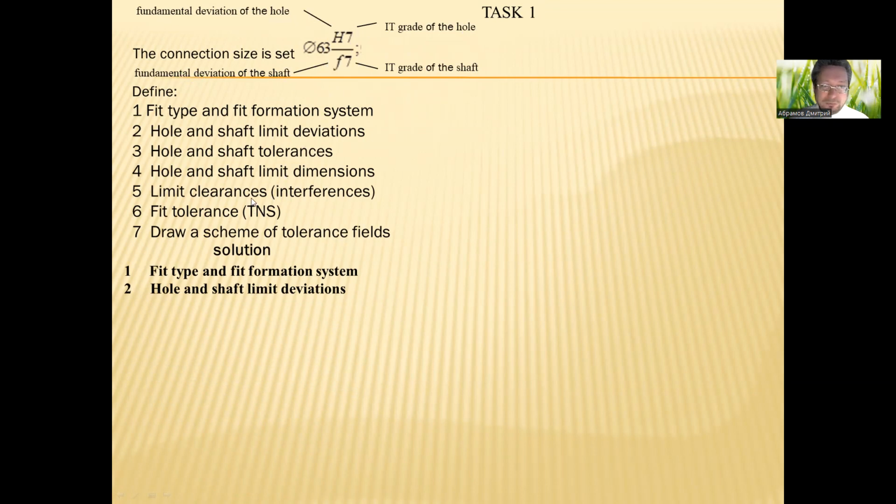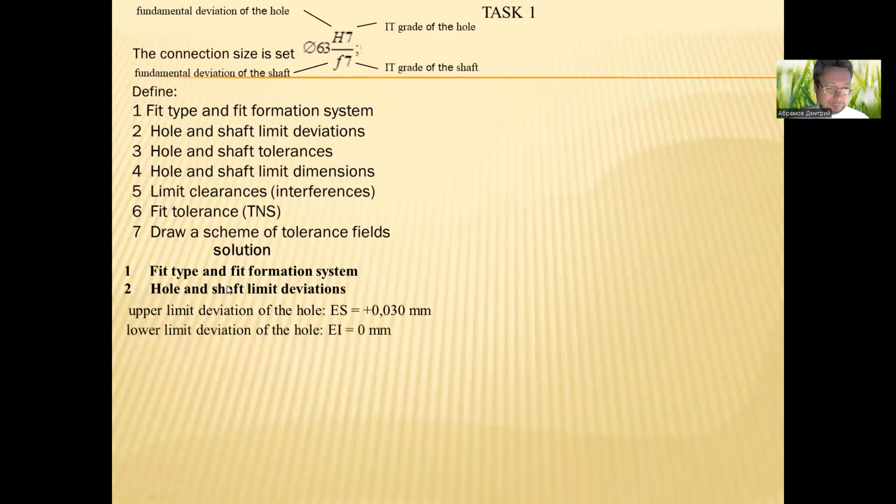And for limit deviations we use: upper limit deviation of the hole, big ES, is equal to plus 0.03 millimeters. Lower limit deviation of the hole, big EI, is equal to 0 millimeters. Upper limit deviation of the shaft, small es, is equal to minus 0.03 millimeters. Lower limit deviation of the shaft, small ei, is equal to minus 0.06 millimeters.